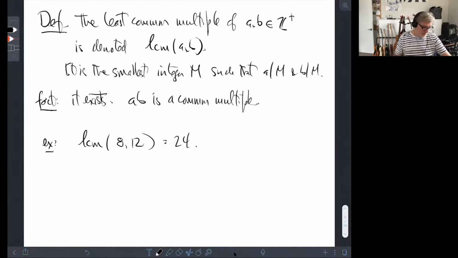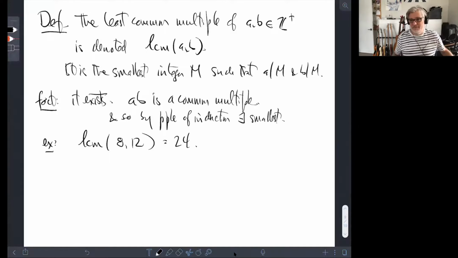So again, let me go back to my fact. So it exists, ab is a common multiple, and so by the principle of induction, I'll just leave it like that. But obviously, yes, there exists a smallest.